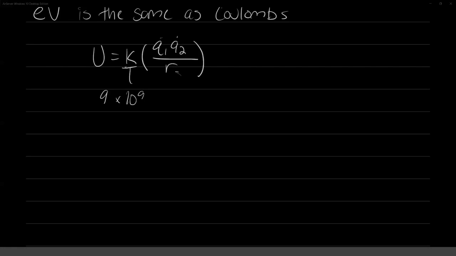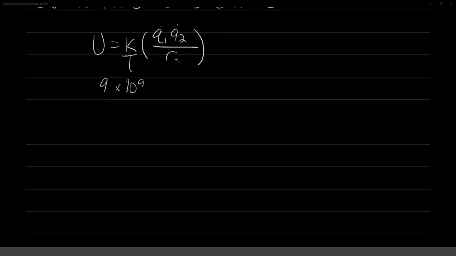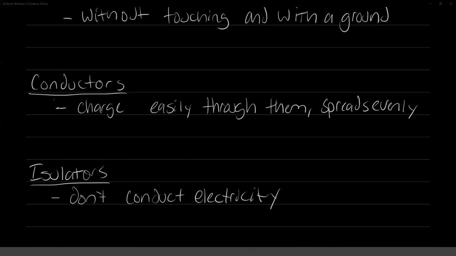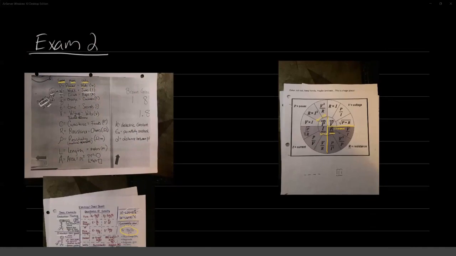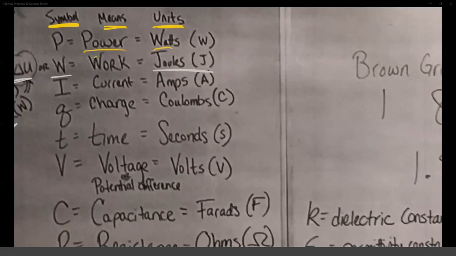I also wanted to mention, so what are coulombs? Coulombs is like, what did we say earlier? Charge. So Q is your charge. This is where it gets a little tricky, right? So you're going to see C, and you're going to think it's coulomb, so this is charge.